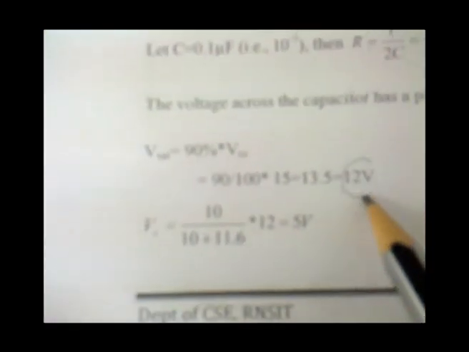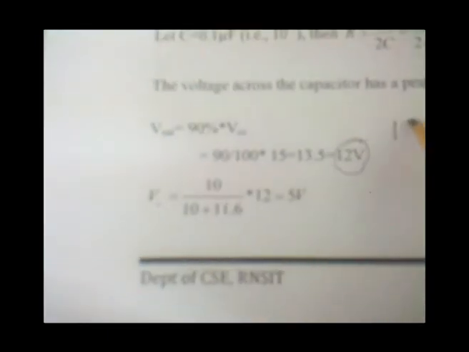V saturation we can calculate as 90% of VCC. If you take 15 volts VCC, you get approximately 12 volts V saturation. Then VC is R1 divided by R1 plus R2 into VCC. Substituting the values, you get VC is equal to 5 volts.